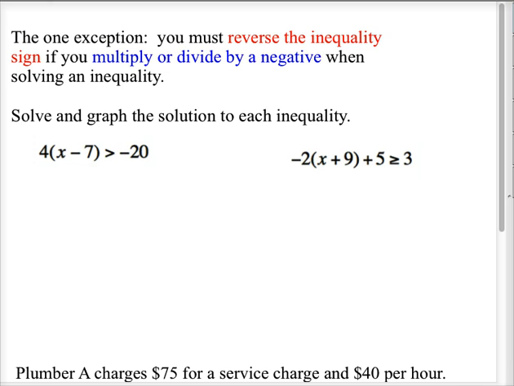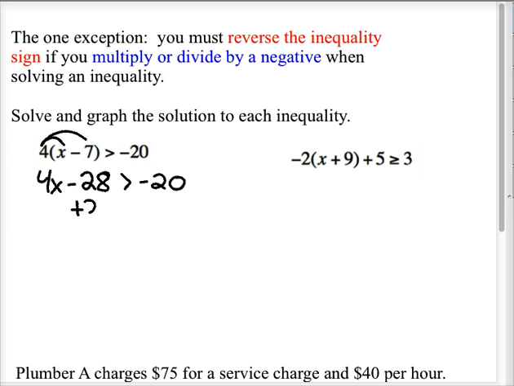So in this first case, the first thing that comes to mind, I see those parentheses, I am going to distribute. So I have 4x minus 28 is greater than negative 20. All right, now again, just like when we're doing equations, we're going to take the same steps to solve inequalities. So I'm going to deal with the addition and subtraction first.